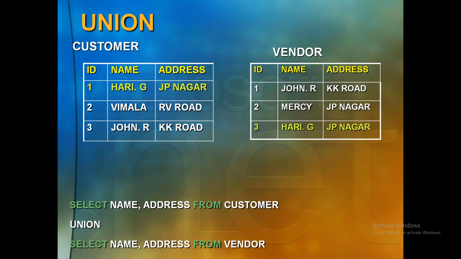I have 5 liters of water in can number one. I have 3 liters of water in can number two. So what do I do? I wanted to combine the 5 liters water and 3 liters water into one bigger tank. So I wanted to merge, I wanted to unionize the water. Union means combine.